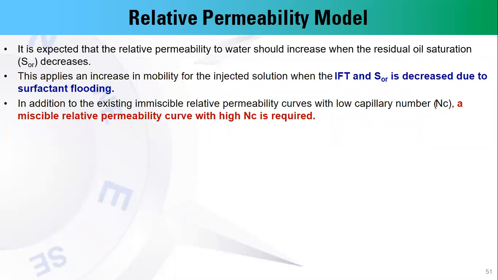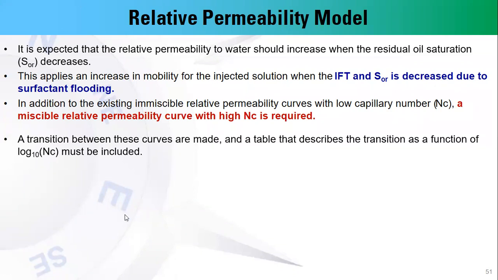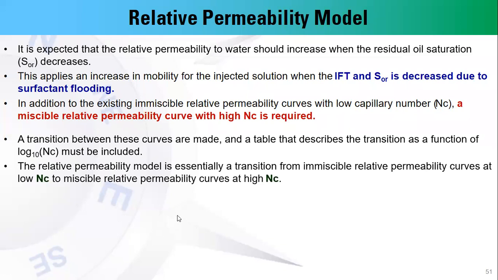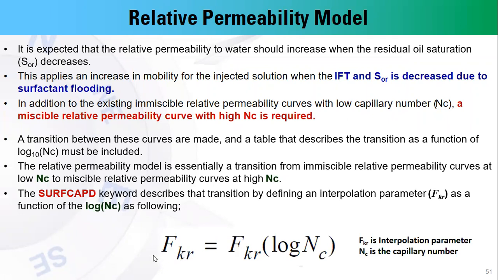The capillary number is a term that will control the miscibility of surfactant with the formation water and injected water. So we have this keyword which controls the capillary number. This is the interpolation parameter to control the capillary number in the surfactant model.